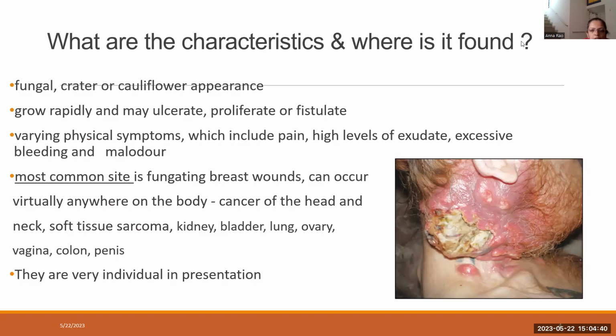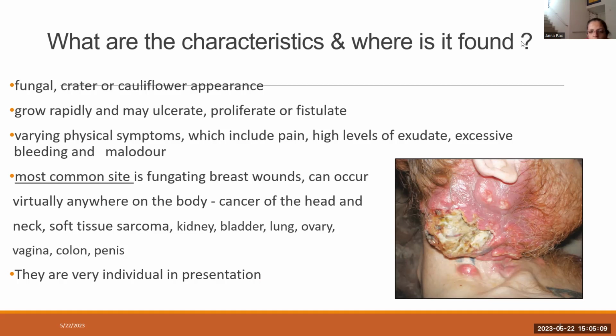It will appear as a cauliflower, and it will grow very rapidly. It will ulcerate, and it can even create fistulas with the underlying systems, or you can say cavities. Because of that the person will have a lot of other symptoms that we discussed in the last slide.